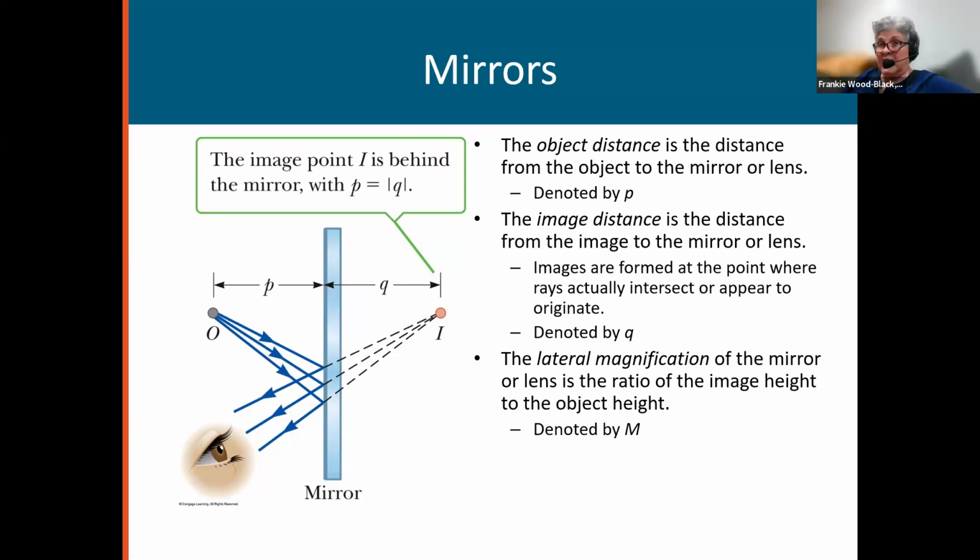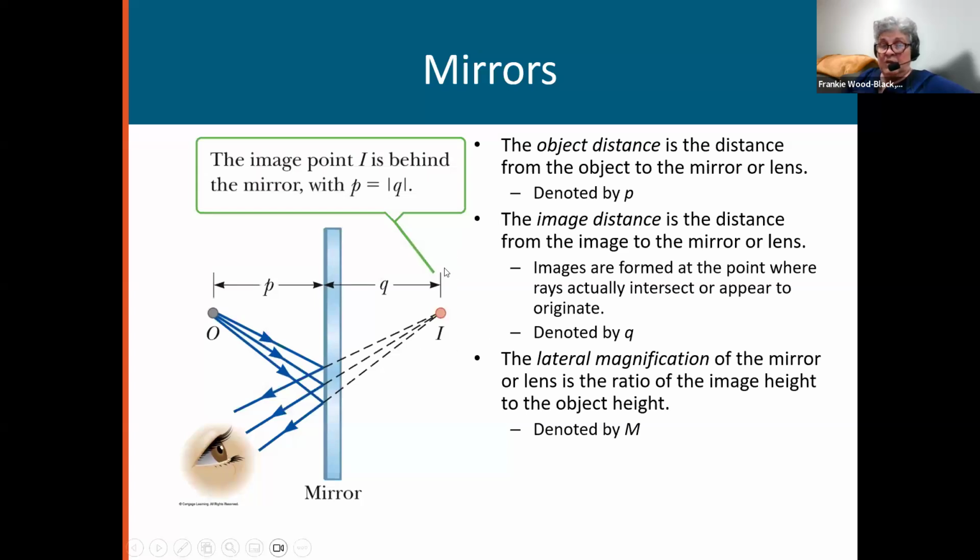Okay, we're going to have two types of images. One image we're going to say is a real image, and one image we're going to say is a virtual image. Now, if I have a flat mirror, we always end up with virtual images, because if I take a piece of paper and put it where the object appears, so if I'm looking in the mirror, the object appears behind the mirror, and I put that piece of paper behind the mirror, light's not going to get to the piece of paper because my light is being totally reflected by the mirror surface.